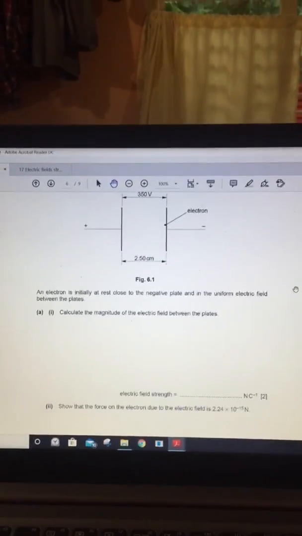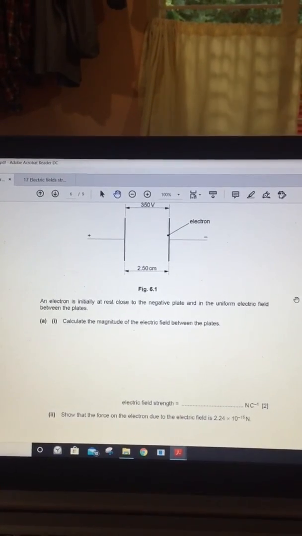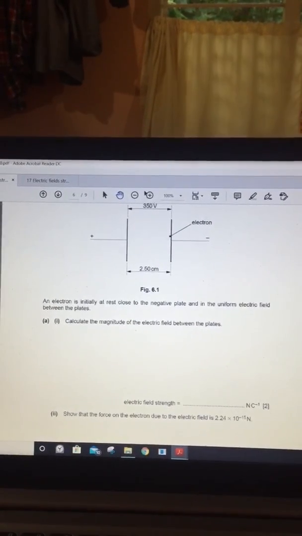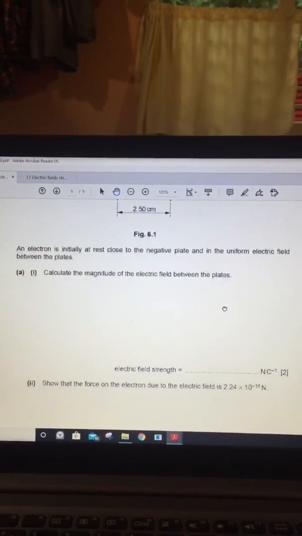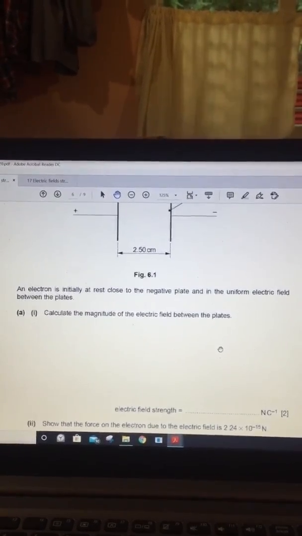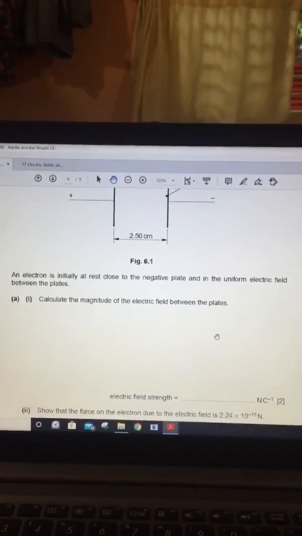Calculate the electric field between the plates. So calculating the electric field is usual.